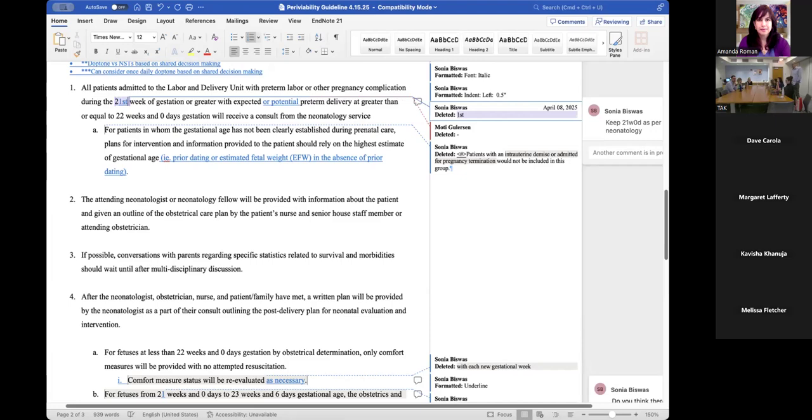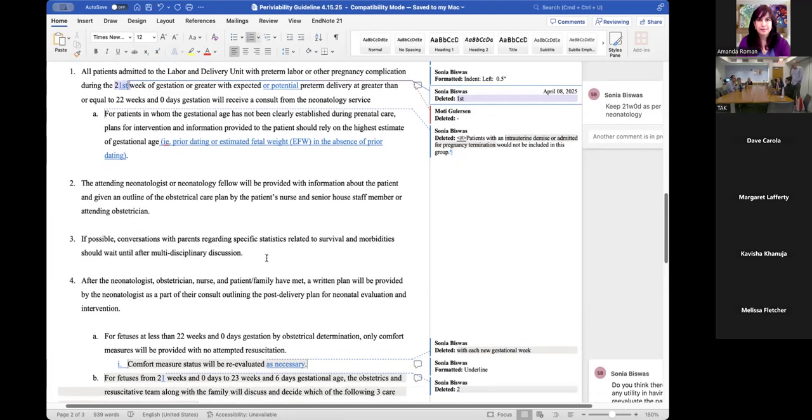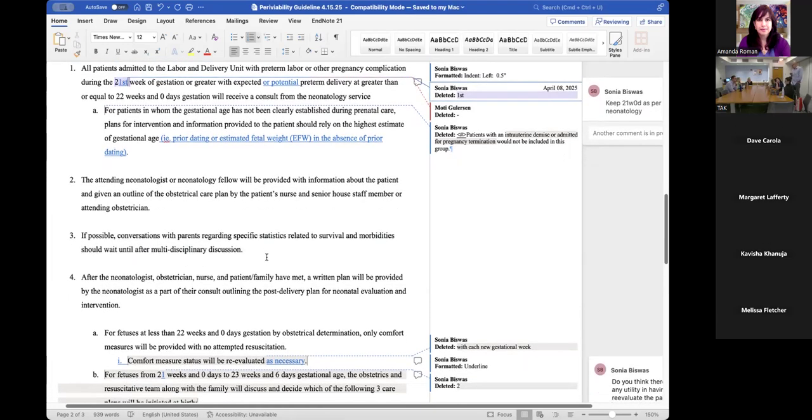Let me just make a comment on that also, because we have a lot of learners around. I couldn't agree with that more. First of all, there's a lot of literature saying that obstetrician MFMs tend to give worse outcomes than neonatologists. It's also because the neonatologists are the ones that see the babies after birth. They have the latest national and local data, which is usually always improving.